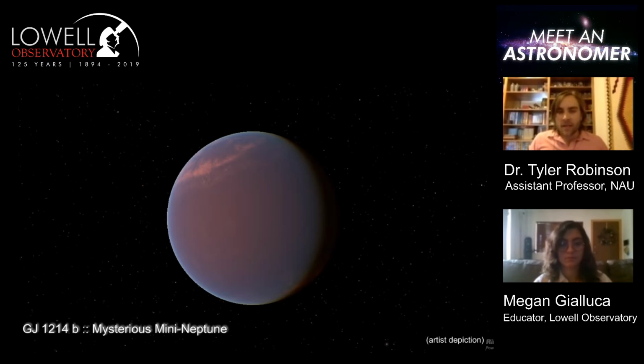The density of GJ 1214b is fairly light, indicating that it's not fully like Neptune, and it's also not fully like Earth. And so it's completely mysterious because we don't have anything in our own planetary system that resides in between the sizes of Earth and Neptune.